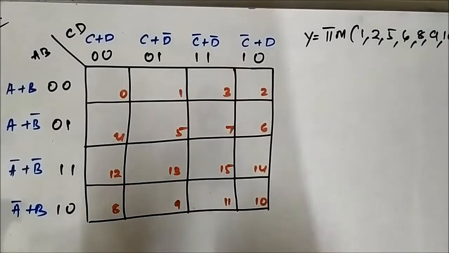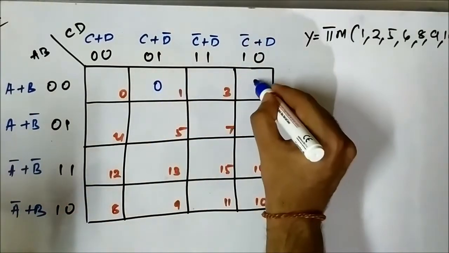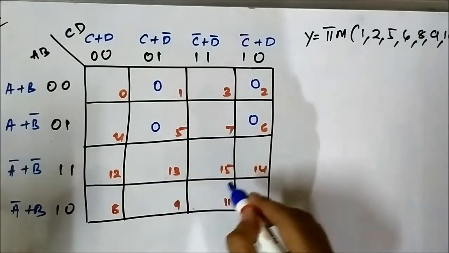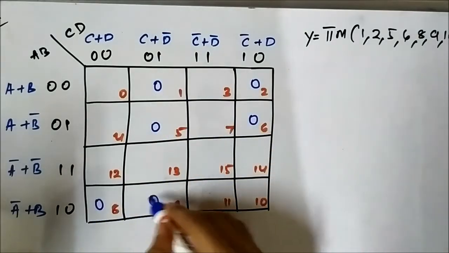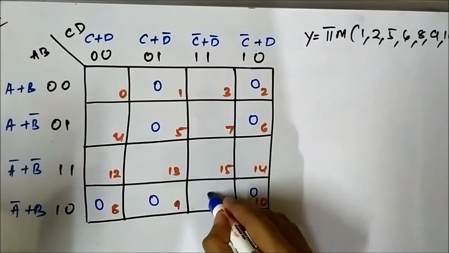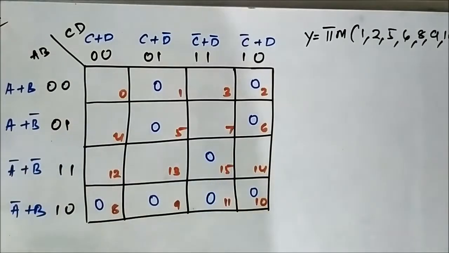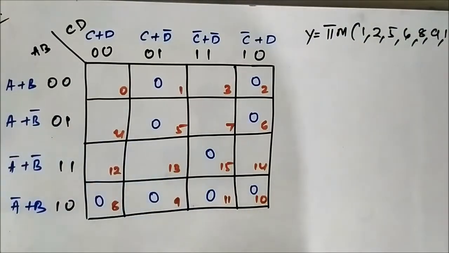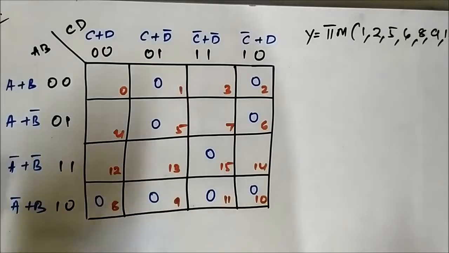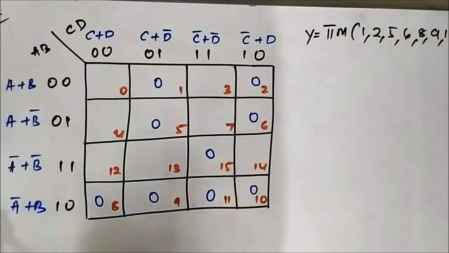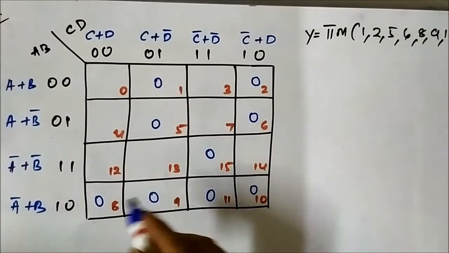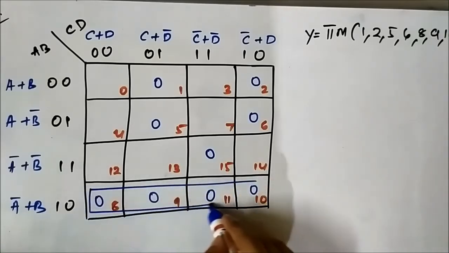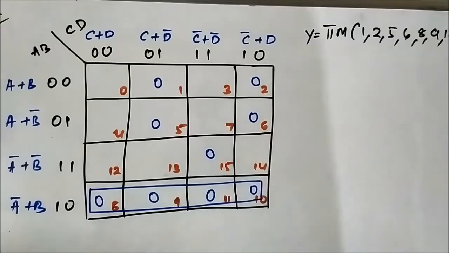So 1, 2, 5, 6, 8, 9, 10, 11, 15. Okay, so now we'll form the groups. So here if you see 8, 9, 10 and 11 we can join to form a quad.